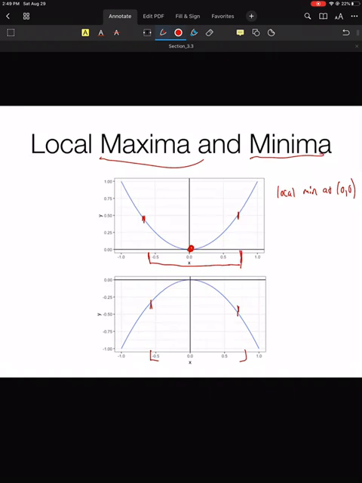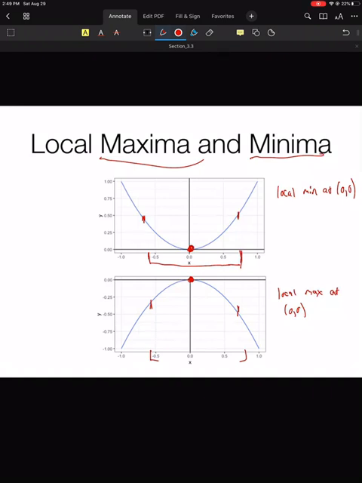Is there some point that is higher than all other points for this function? Also, yes, and it turns out to be 0, 0 again. So this one has a local max at 0, 0. So the local maxima and minima need some point in some interval so that that point is higher than all the other points or lower than all the other points.